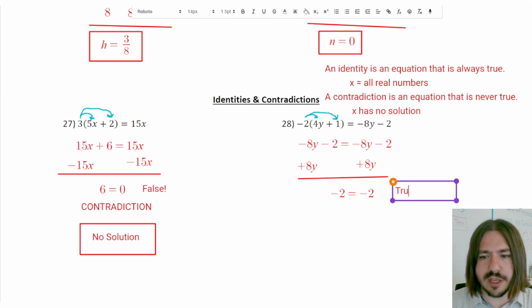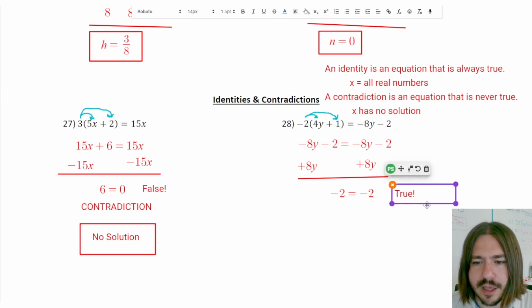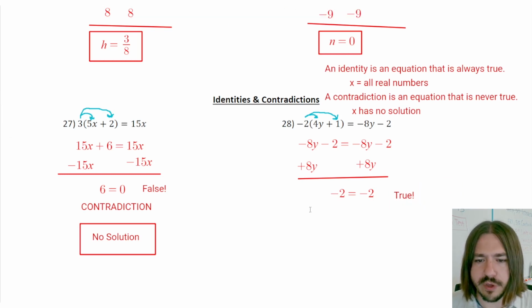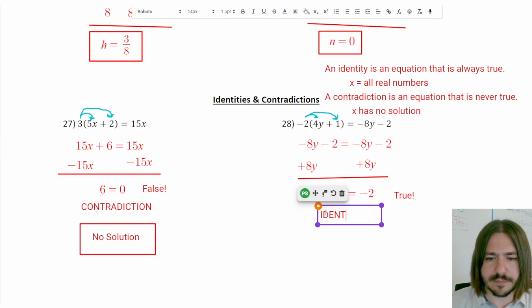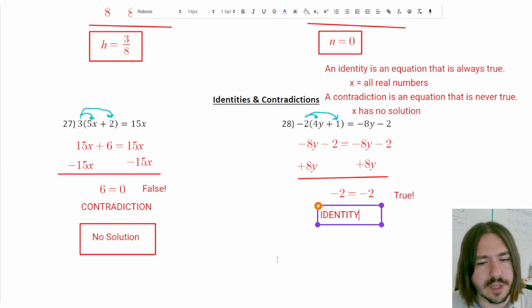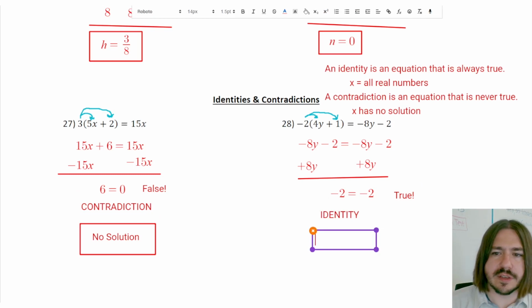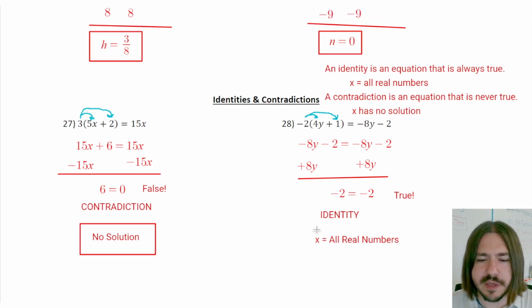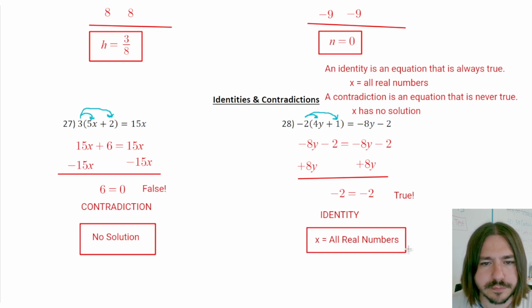So this is a true statement. And so when you end up with a statement that is always true, we have what we call an identity. And so when that happens, you can say all real numbers, meaning that x could be any real number.